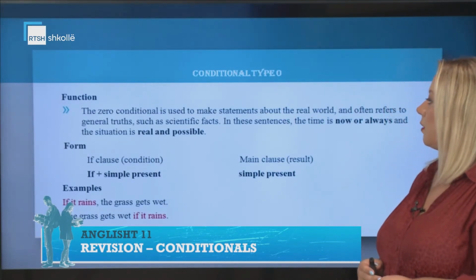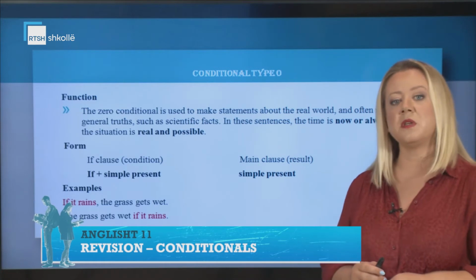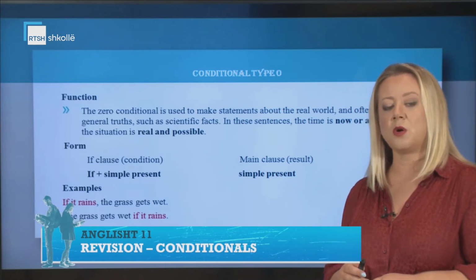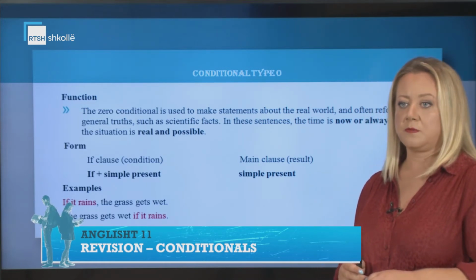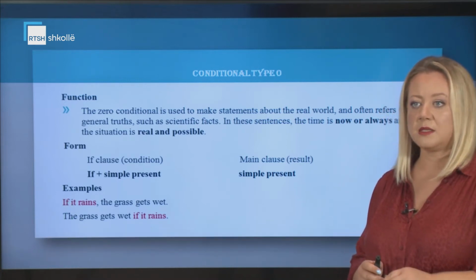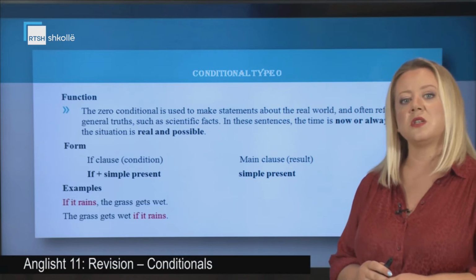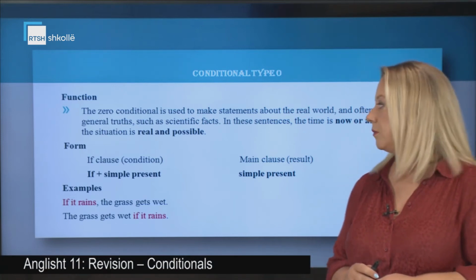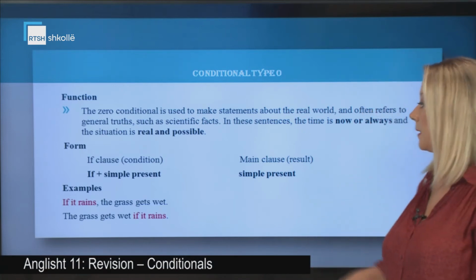Conditional type 0 is used to make statements about scientific facts or general truths. In these sentences, the real time is always or now, and the situation is always real and possible. How to form them?